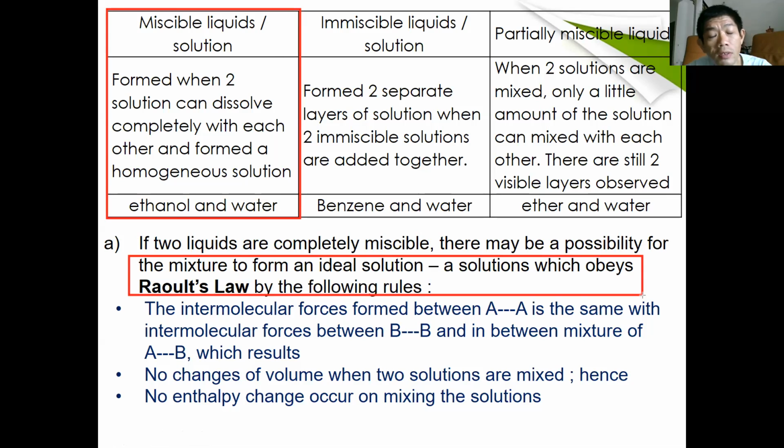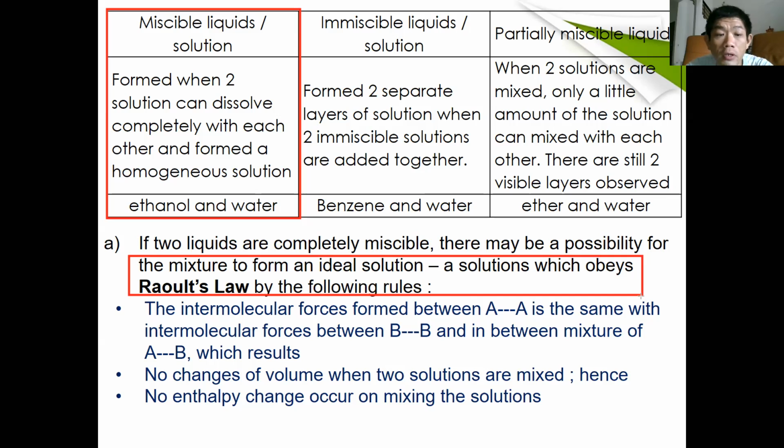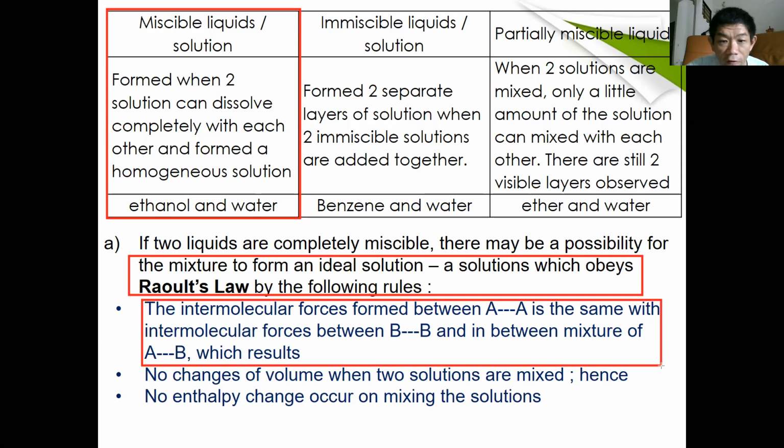Raoult's law suggests that if two solutions are ideal when mixed, you shall have these three postulates occur. Number one, the intermolecular forces between A molecules are the same as the intermolecular forces between B molecules, and after you mix A and B together, their intermolecular forces are also almost the same. Number two, there shall be no change of volume when the solutions are mixed together.